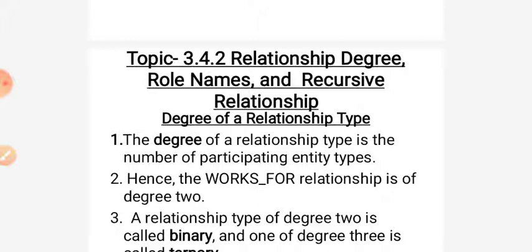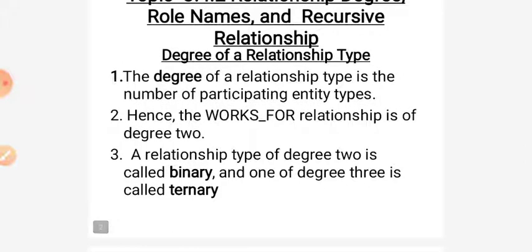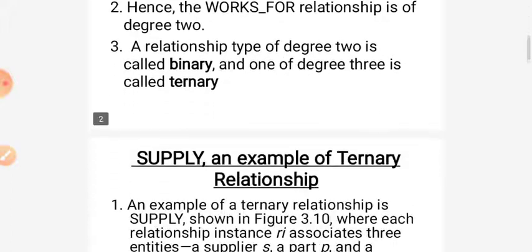One is department, another is employee. A relationship type of degree 2 is called binary and one of degree 3 is called ternary. So students, in binary relationship two entities participate, and in ternary three entities participate.